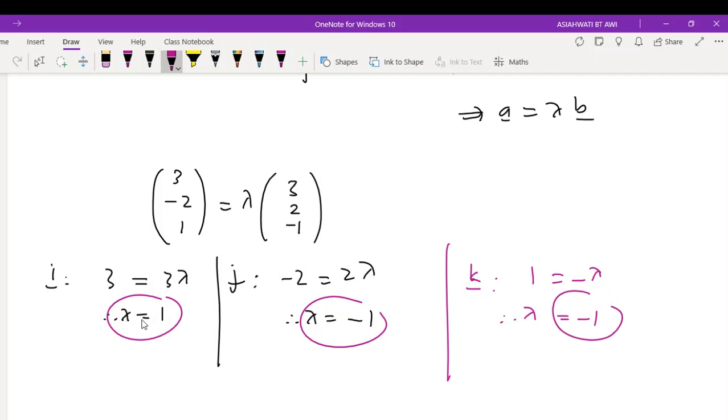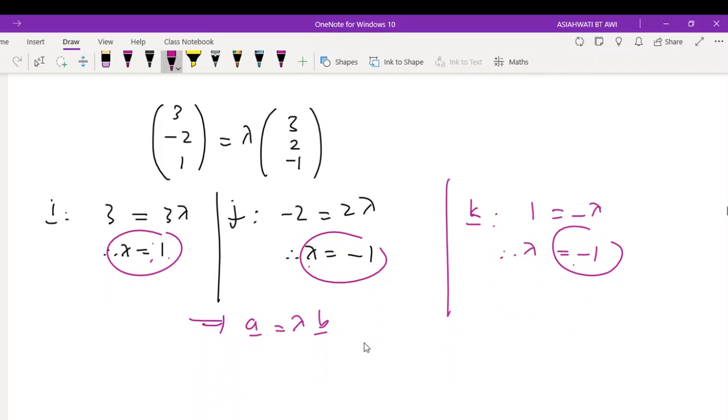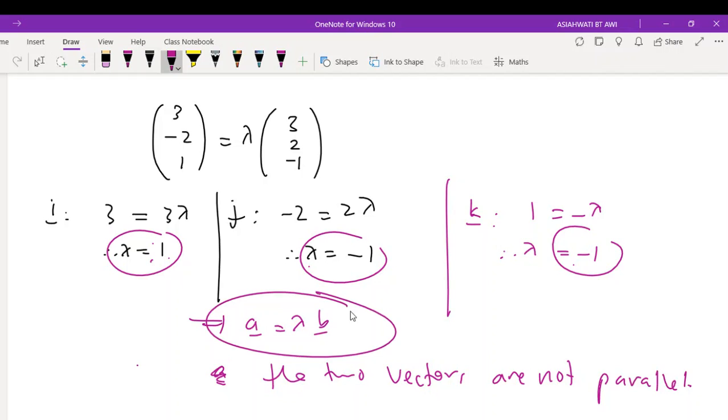Negative 1 and 1 are not equal, which means you cannot write it in this form. We can conclude that the two vectors are not parallel, because it cannot be written in this form.